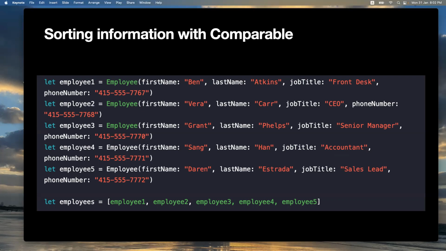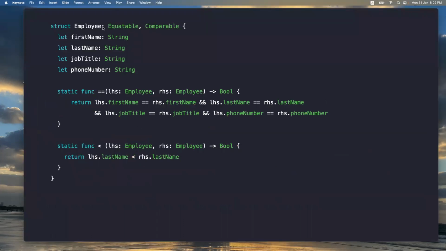Well, you could build your own algorithm or methods to do that, or you can let Swift help you and use the sorted function in the array. So how do we do that? First, we need to make sure that the employee structure also implements the Comparable protocol.